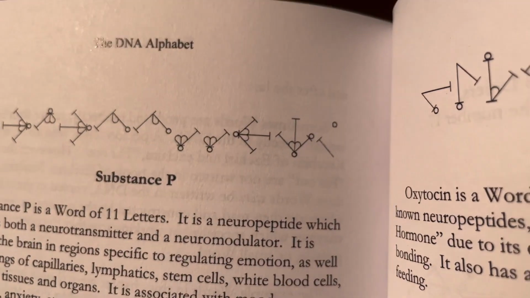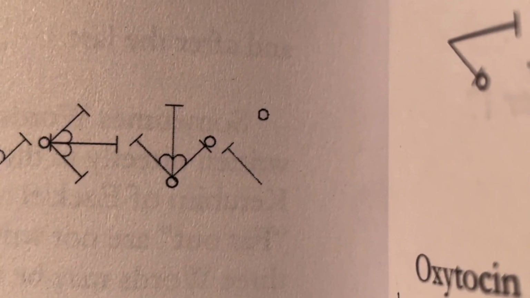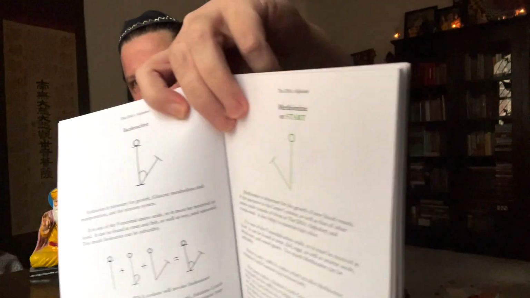Now, the first time an issue comes up is with substance P. Here you can see the very last letter of substance P is a methionine, not whatever this is. This is not a letter. That dangling line and circle hovering in the air should look like this.